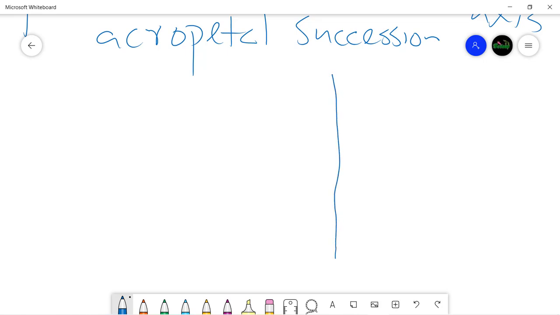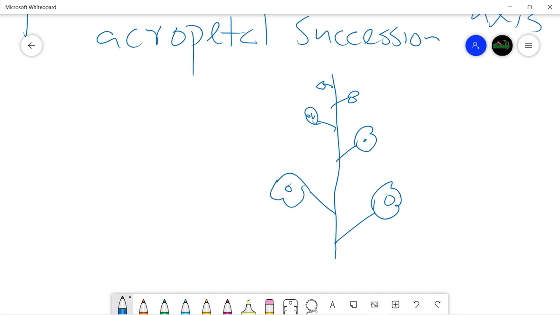Suppose this is the main axis or the flowering axis, floral axis, peduncle, whatever the case might be, and we have flowers with older flowers towards the base and younger flowers towards the apex. So as you can see in this case, these are older flowers.